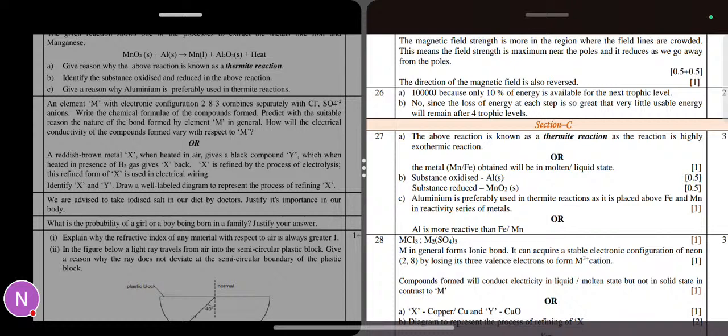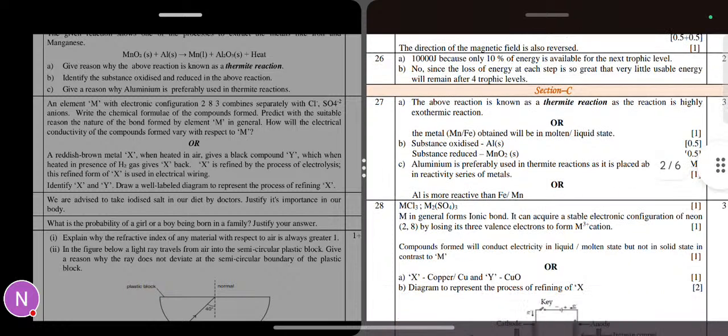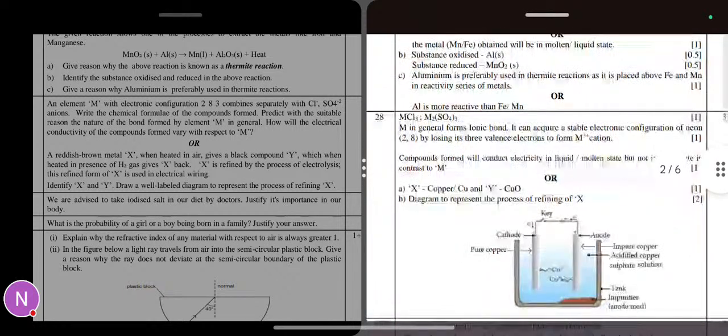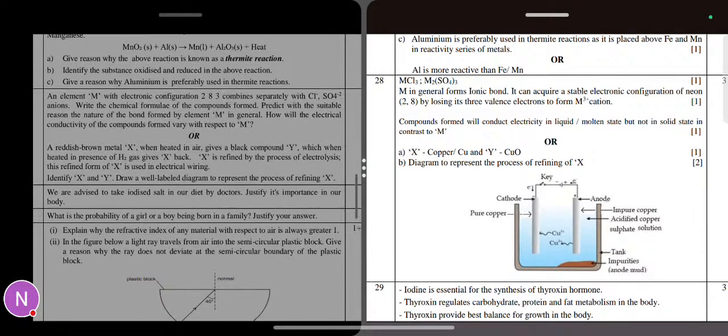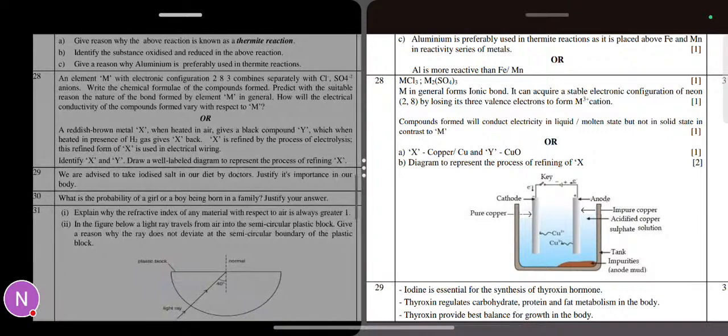Identify X and Y and draw a well labeled diagram to represent the process of refining. So X is copper and Y is CuO. So the diagram for representing the process of refining of X, you will get 3 marks. In this or question, in one question you can write. Next, 29th question.